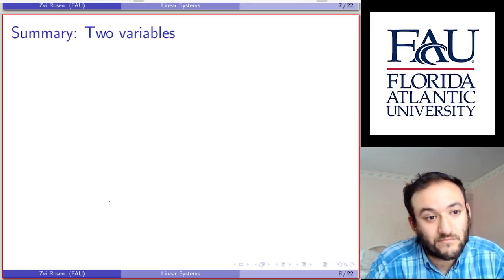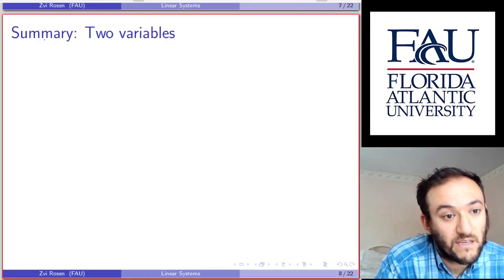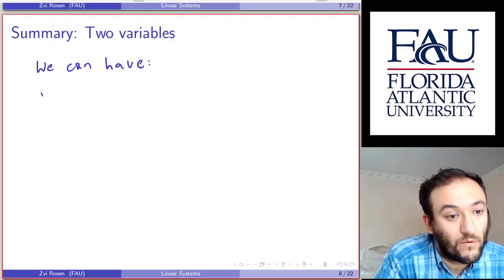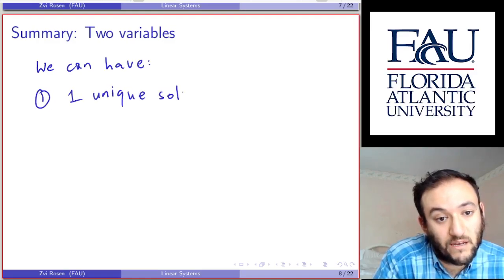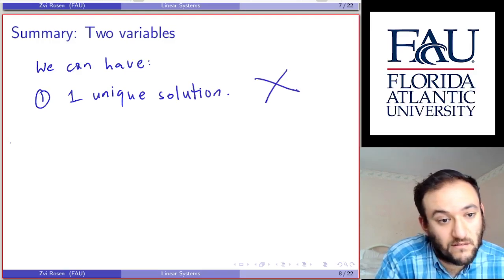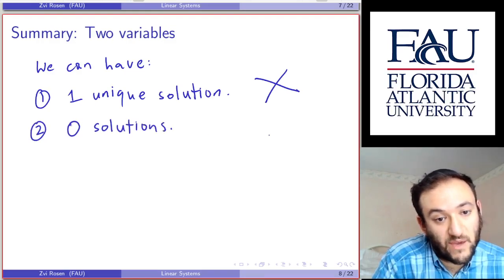Okay? So to review what we found in these few examples, in the case of two variables, we can have one unique solution, and this is when lines intersect. Two, we can have 0 solutions, and this is the case of parallel lines.